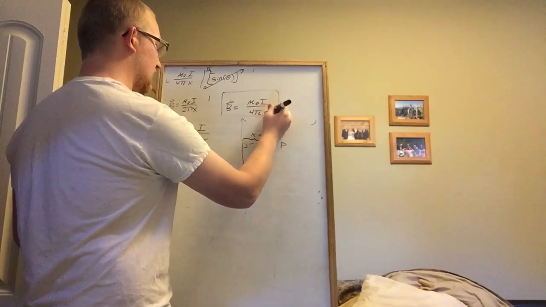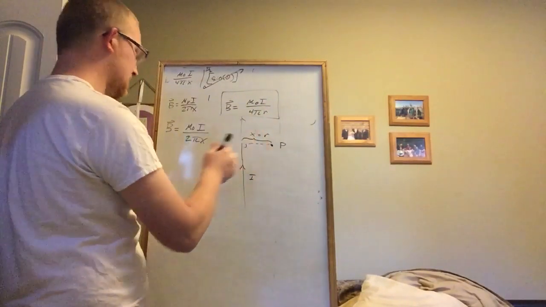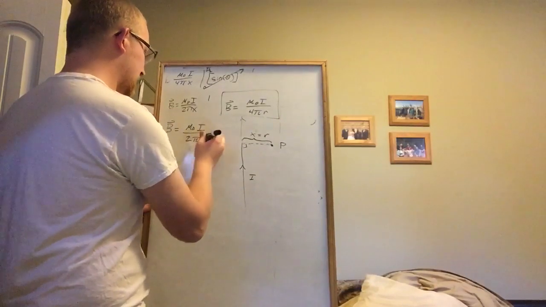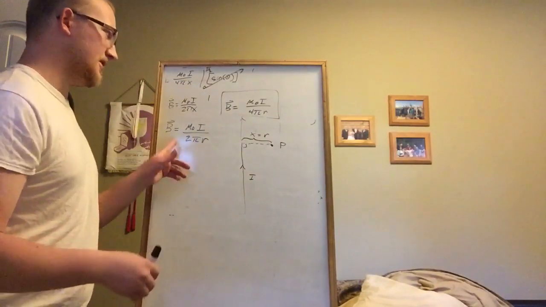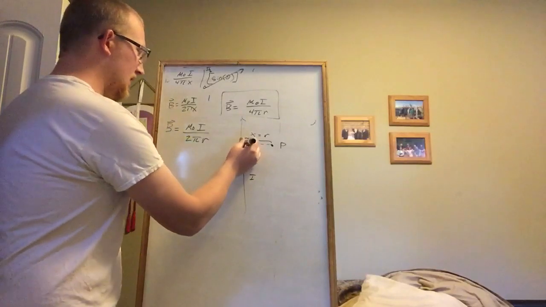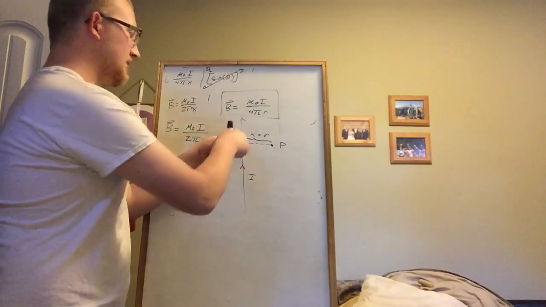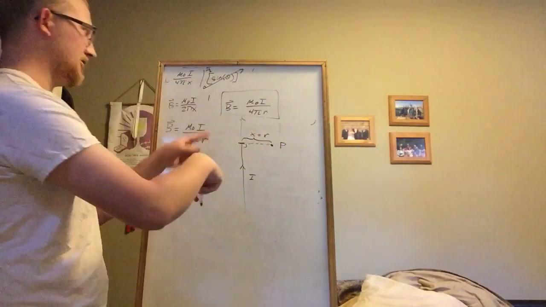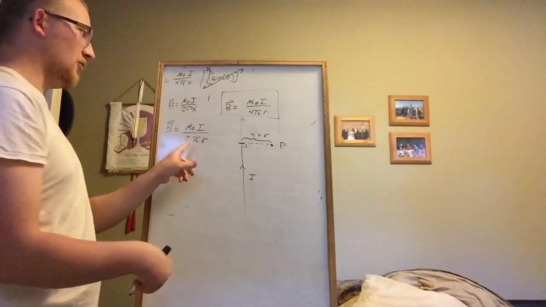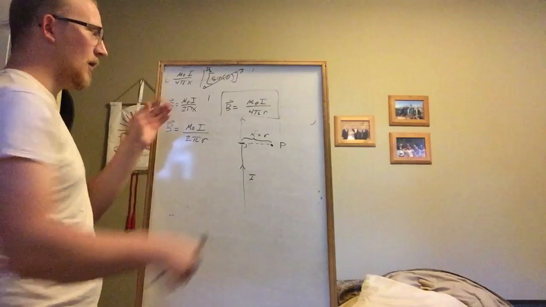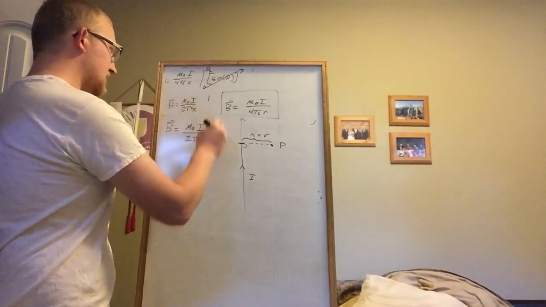Not in the case of our derivation because the book said this was x, but a lot of the formulas in your book are going to say r. So interestingly enough, the B field caused by half of an infinitely long wire that's centered with P is actually exactly half of what a full infinitely long wire would cause at point P.